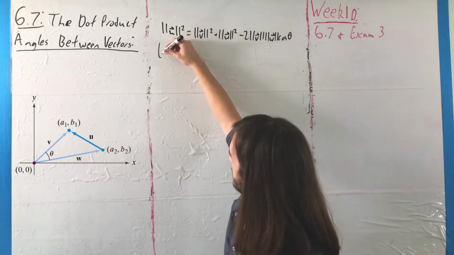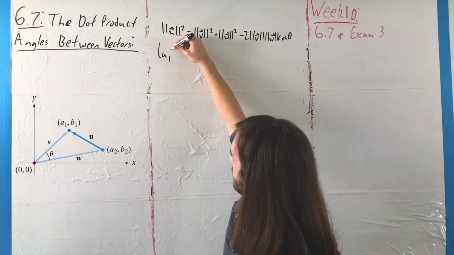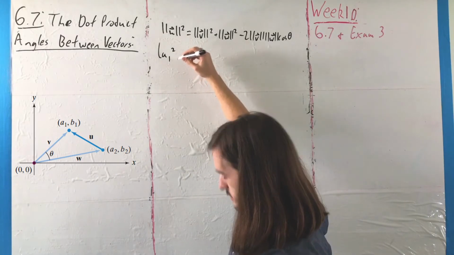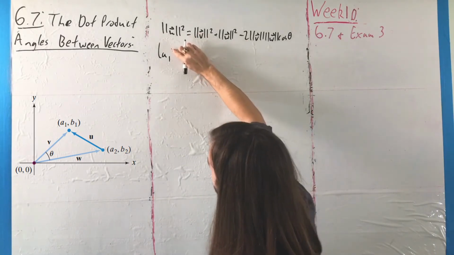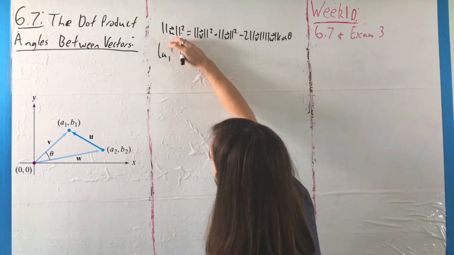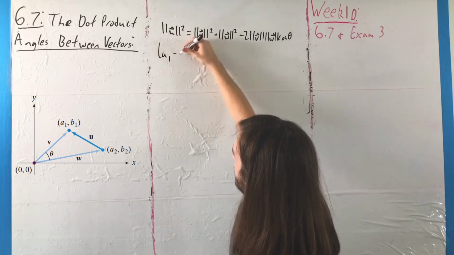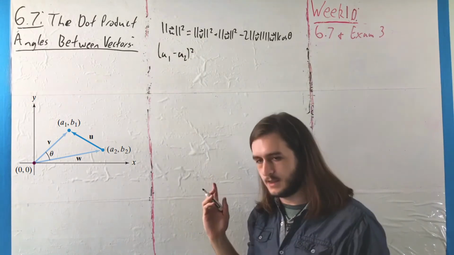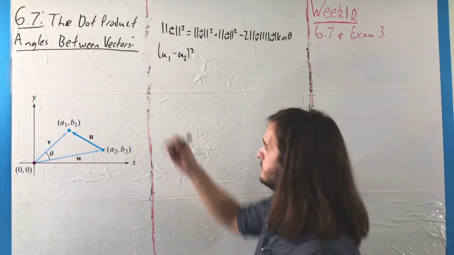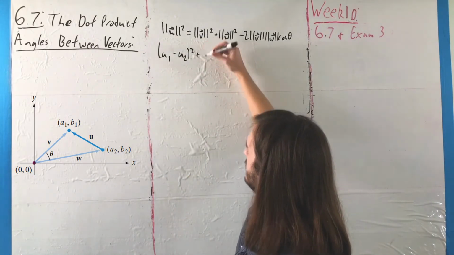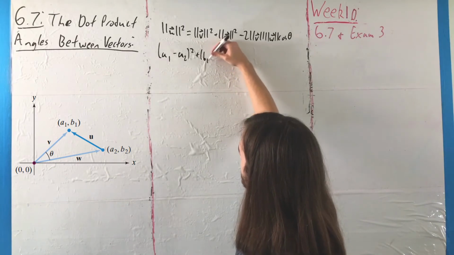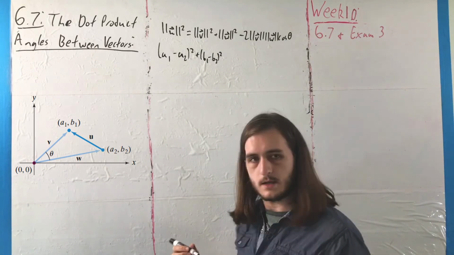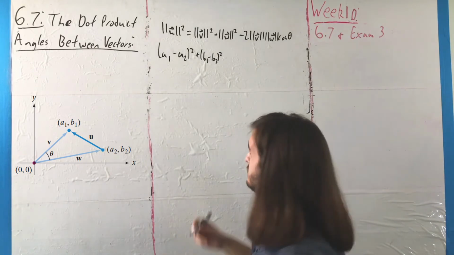So the magnitude of u will have form, excuse me, not a1 squared, I'm getting ahead of myself. It will have form a1 minus a2 squared. That is, we'll get that for its horizontal movement, plus b1 minus b2 squared. Great, we've made it messier, but we don't have as many magnitudes.